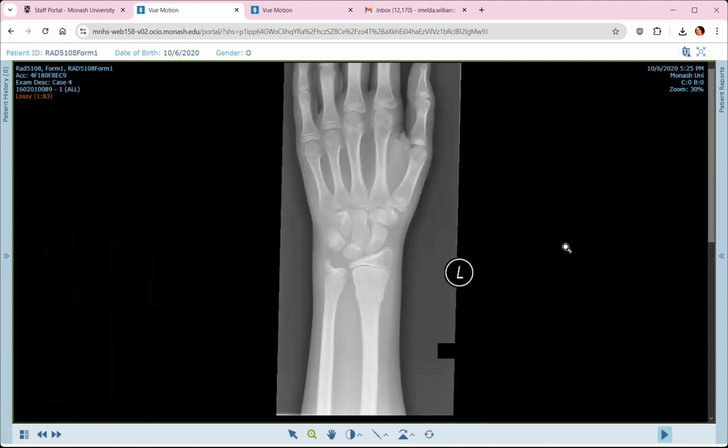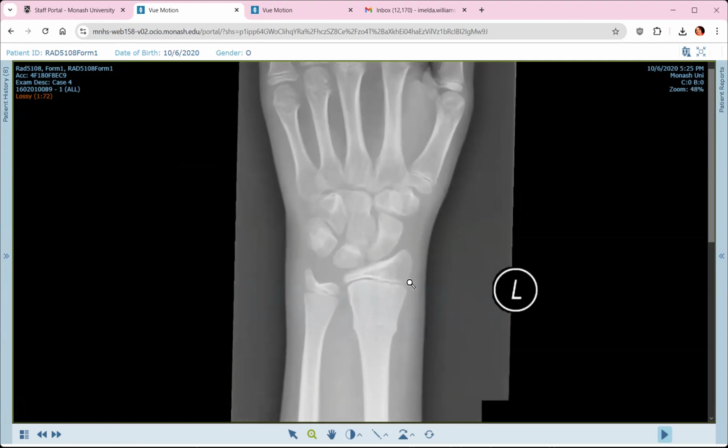So the next case is also a pediatric case. Let's just zoom in here as well. This is a patient who tripped and fell and has a swollen right wrist. We can see that it looks like there's bumps on both sides, which could be either greenstick or torus fractures.